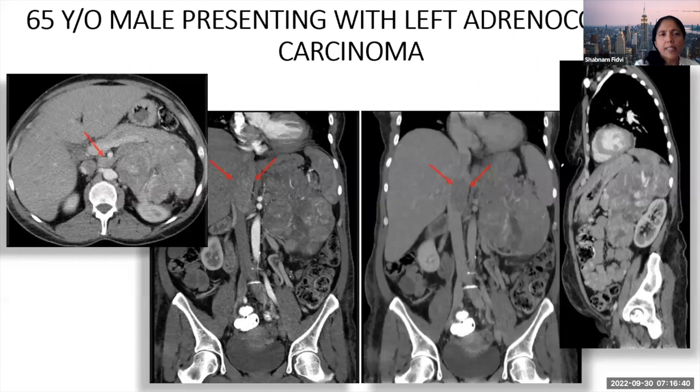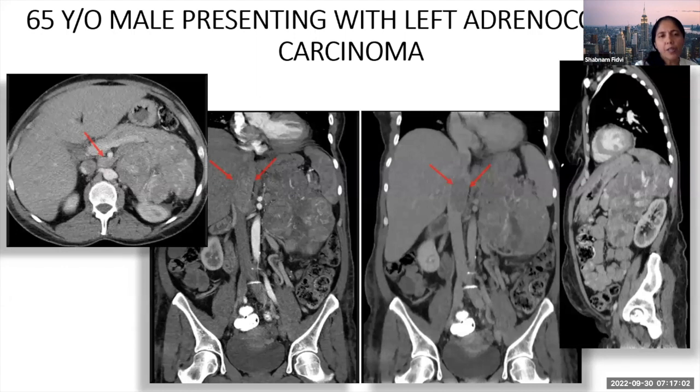This is a 65-year-old male who presented with adrenal cortical carcinoma. These are axial and coronal images in the enhanced phase, a more delayed coronal enhanced phase, and then a sagittal image. The patient's primary cancer actually is anterior to the left kidney.